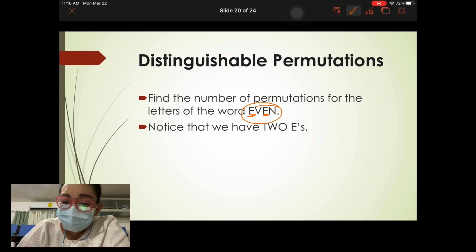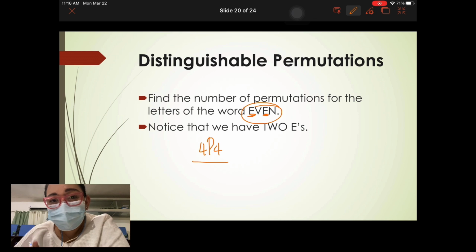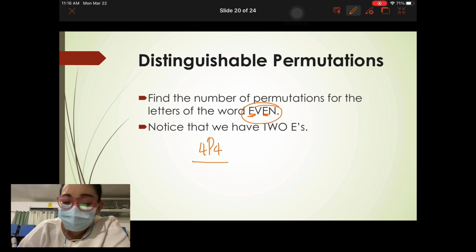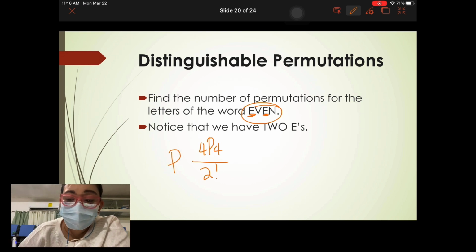So, that's 4 taken 4 at a time, and then we're going to divide that with yung number ng naulit na letters. So, yung naulit natin na letters ay dalawa, diba? So, ilan yung permutation niya? Dalawang options. So, that's just 2 factorial. So, ito na po yung ating bagong formula for this type of problem.